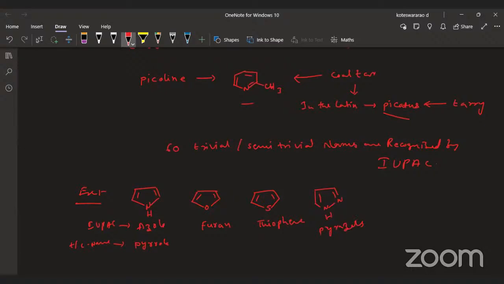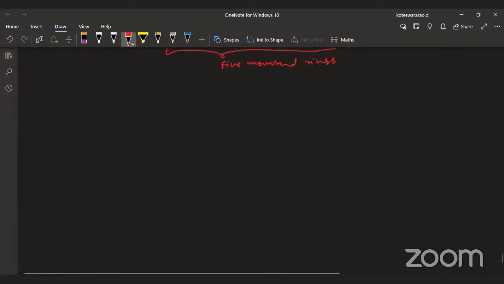When you come to 6-membered rings, pyridine, pyridazine, if the two nitrogens are there.